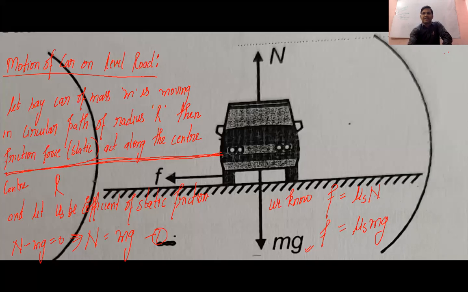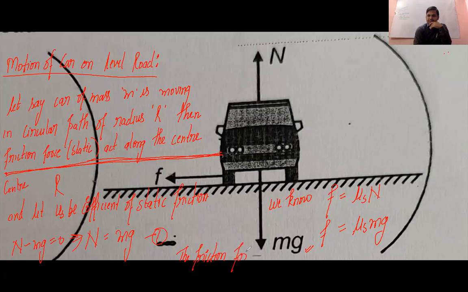And now try to understand one more thing from here. Just concentrate here. The friction force is going to provide the centripetal force. So how can we write the friction force?